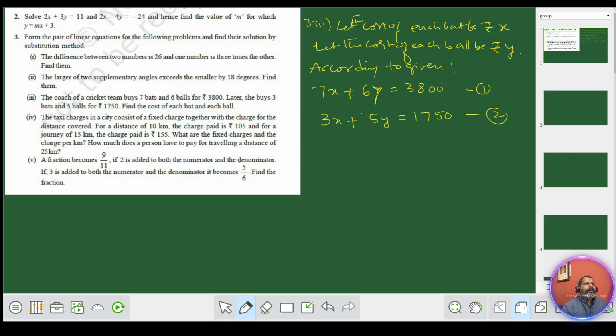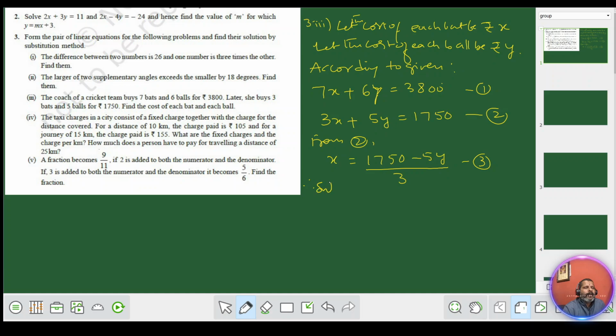Now we will solve from 2. I'll solve for x. From 2, x equal to (1,750 minus 5y) by 3. We call this 3. Clear? Now substitute this in 1 because we took the value of x from 2.